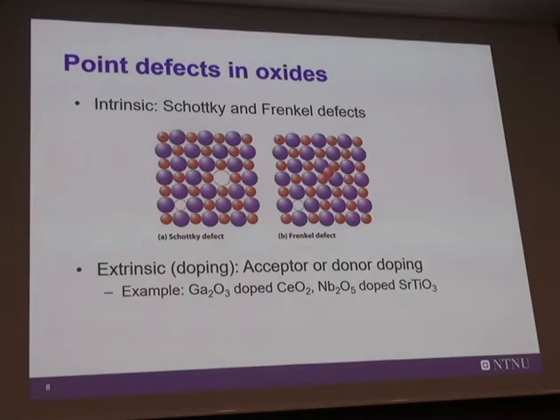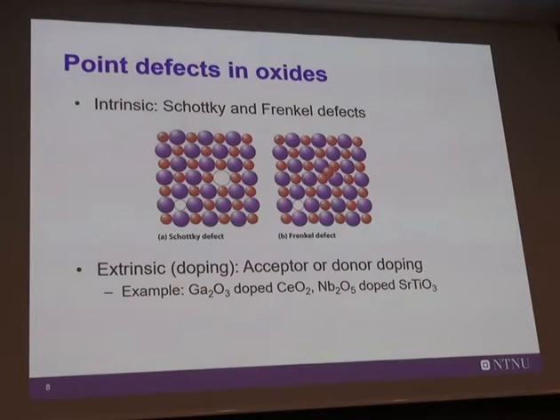A Frenkel defect, on the other hand, is that you displace one of the cations or anions relative to the equilibrium position. So in the Frenkel defect shown here, you see that you have one empty site. In this case, it's the red one which is missing, and it's then displaced to a so-called interstitial position.